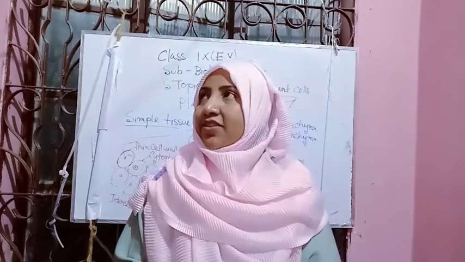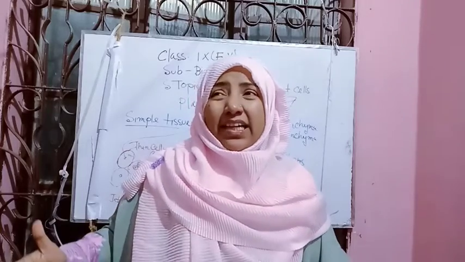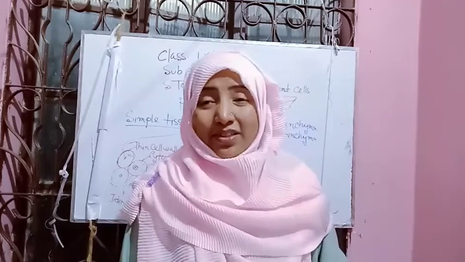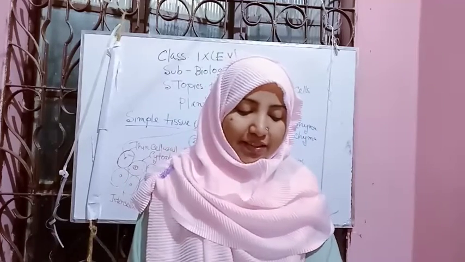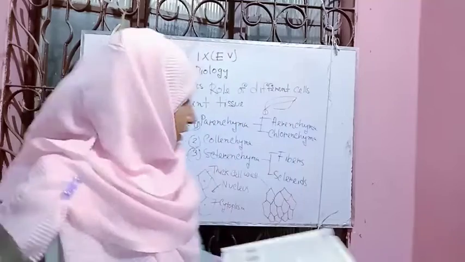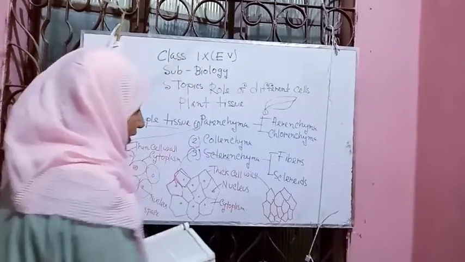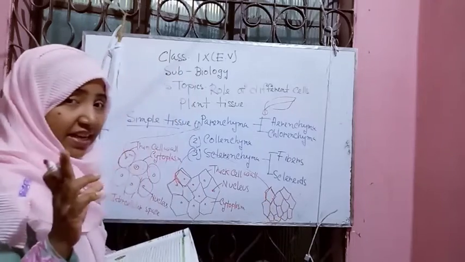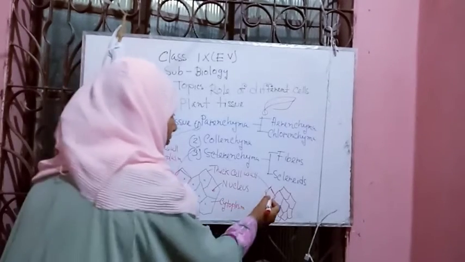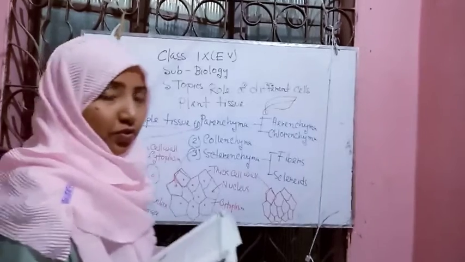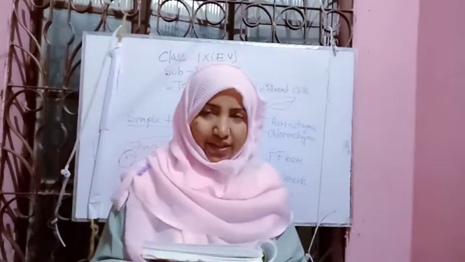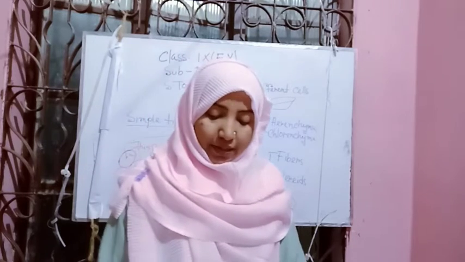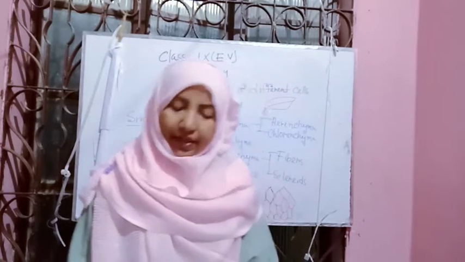Now, our last structure, also a thick and strong structure, is the Sclerenchyma. This structure is the Sclerenchyma, and it is a very thick structure. They have no cytoplasm, but they do have a nucleus.